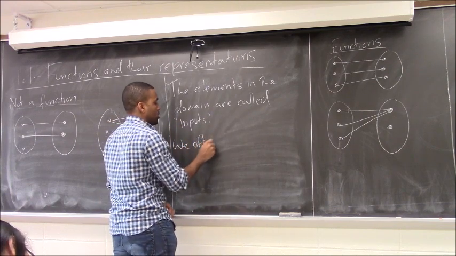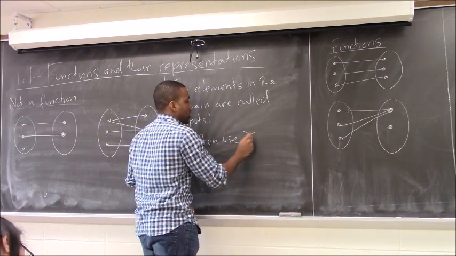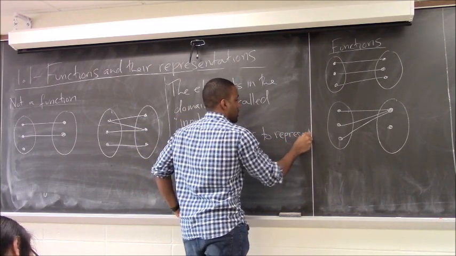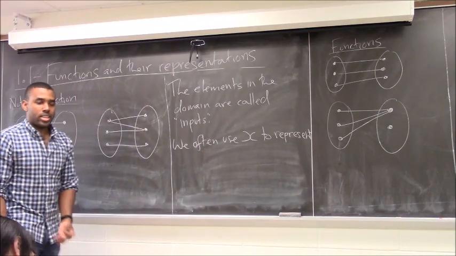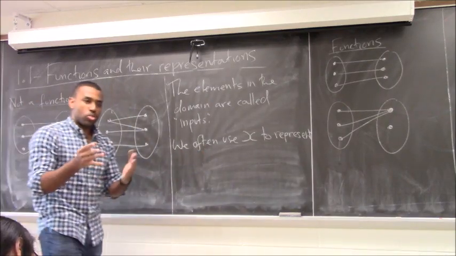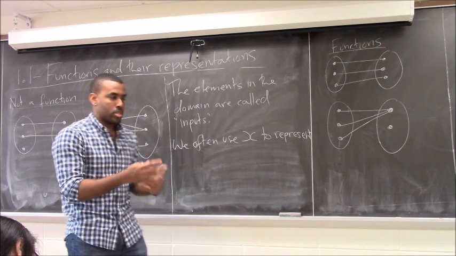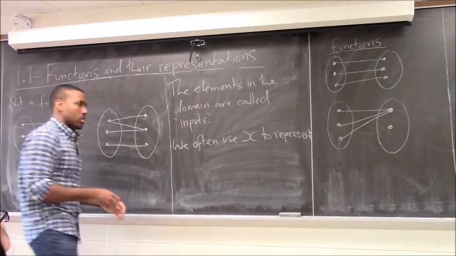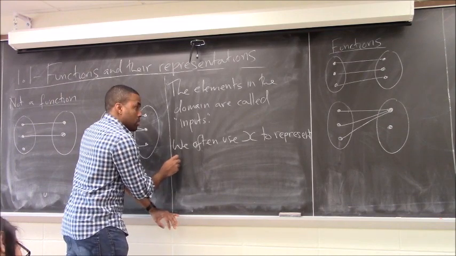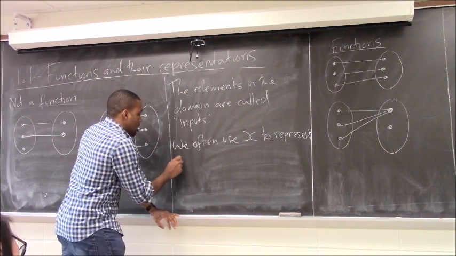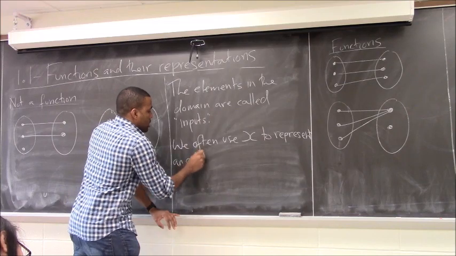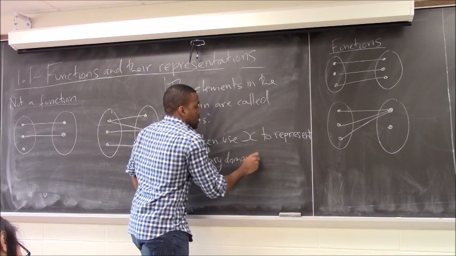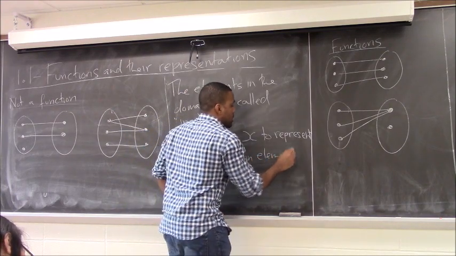We often use x to represent, often as in not always, I can have other letters, right? But usually we think of them as x and y. A lot of times we get married to this fact that, oh, y equals f of x, but it doesn't have to be x. To represent an arbitrary domain element.